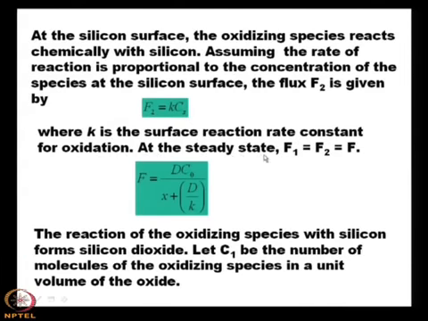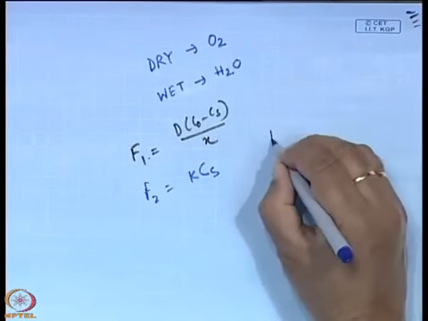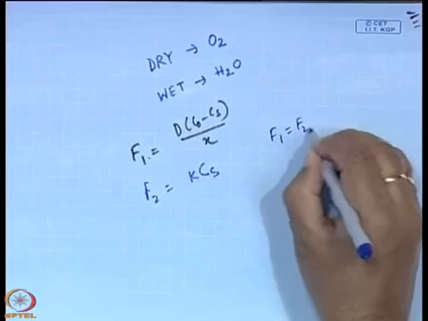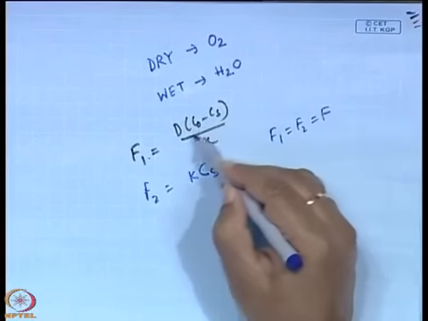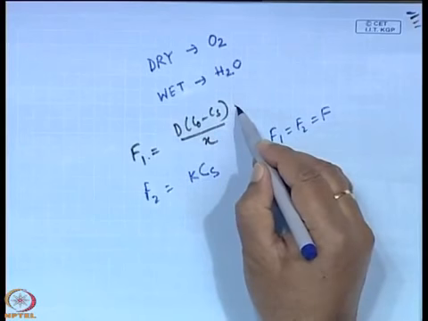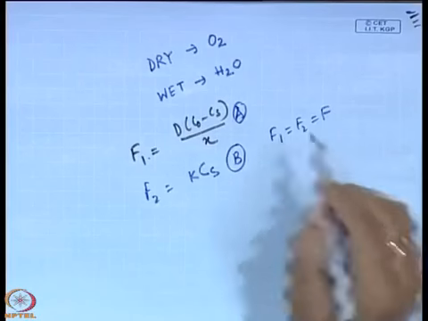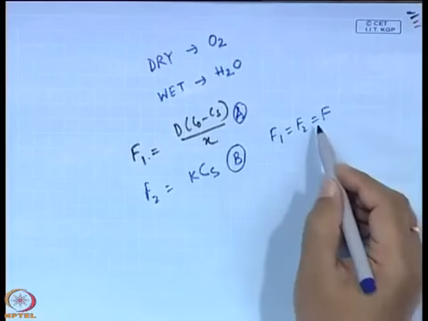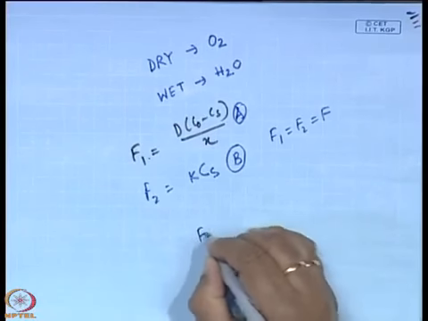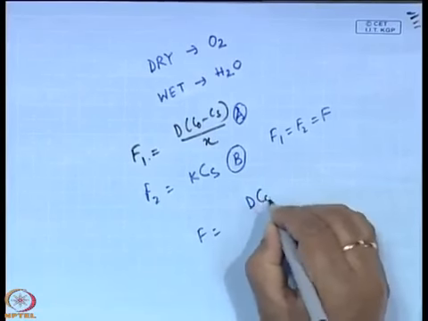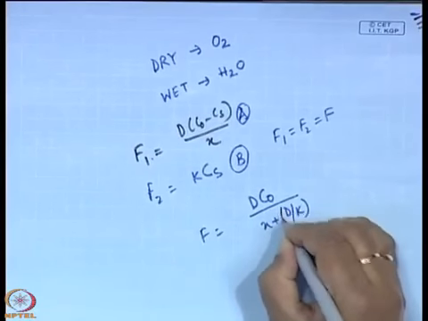At the steady state, F1 and F2 will be equal, and at the steady state F1 equals F2 equals F. So, now if you equate these two equations, suppose it is A and it is B, and put the value of Cs in terms of F, then we find that F becomes D C0 by (x plus D upon K).